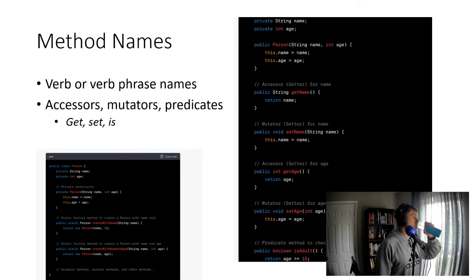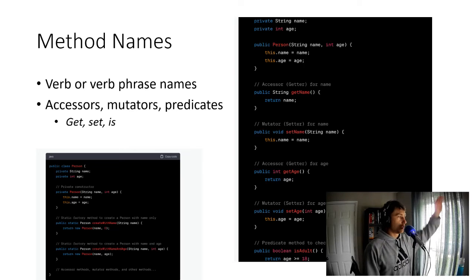So you have here in the person class, you have your getters, which you're accessing the fields in your class for use later on in your code base. You have setters, which are your mutators. They're for setting your variables to certain things, and that way you can create objects within your code base.